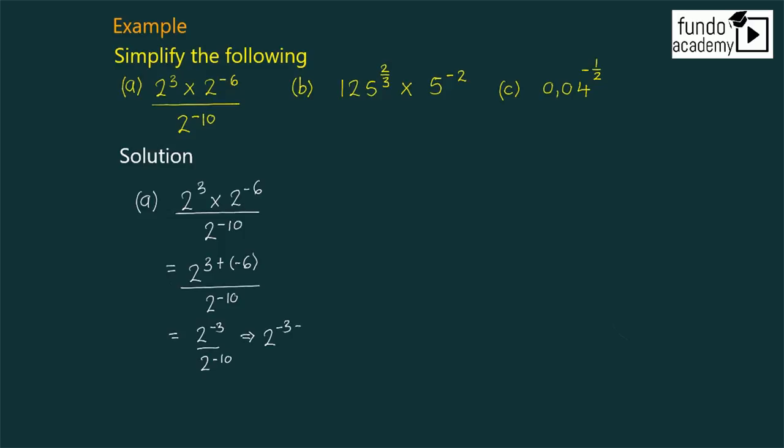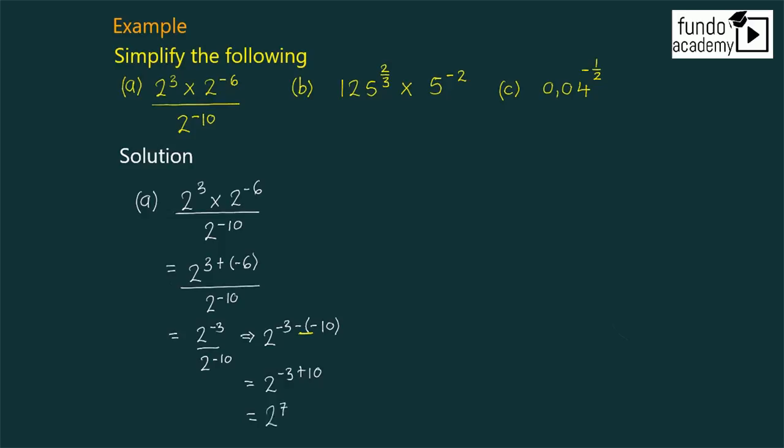It becomes minus 3 minus of minus 10. So we are now applying law number 2 to divide 2 to the power of negative 3 by 2 to the power of negative 10. Now the minus and the minus gives us a plus, so it becomes minus 3 plus 10, and minus 3 plus 10 gives us the power 7.